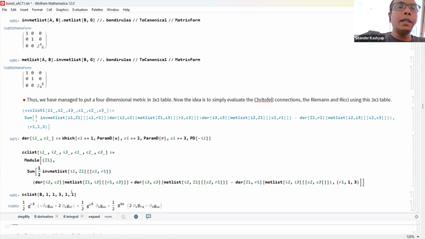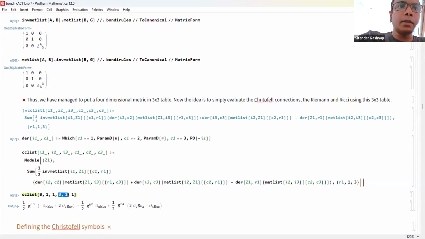So the idea is to read it as you would gamma 111, gamma 112, gamma 113, etc. But only when the third index is involved, we have to bring in the indices that are two-dimensional.